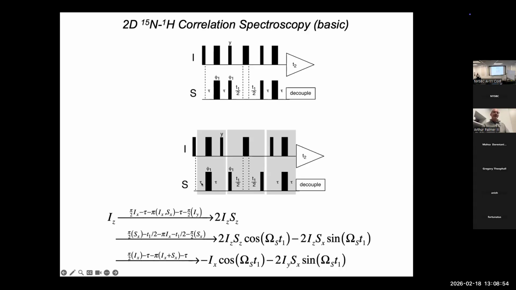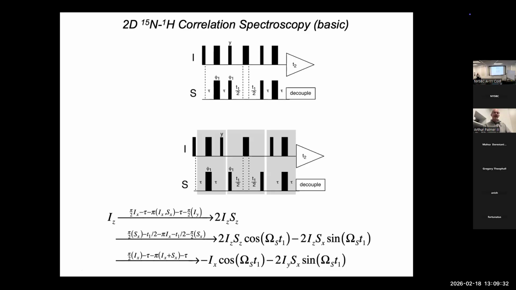And if we adjust 2 tau appropriately, then the minus IY will become plus 2IXSZ by our rules of the product operators. And then we apply a Y pulse on the I spin, and we're going to end up with 2IZSZ at the end of the first block. And by recognizing the spin echoes, I don't have to do a lot of calculation.